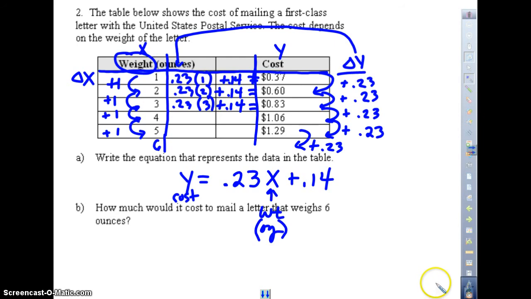But what if they wanted the cost for a 22-ounce package? Then you're going to substitute 22 in for what here? Yeah, you'd put 22 in for there, multiply, and then add 14 cents. Yeah, I may have to change this number for the future because putting 6 in your table is just real easy to do.